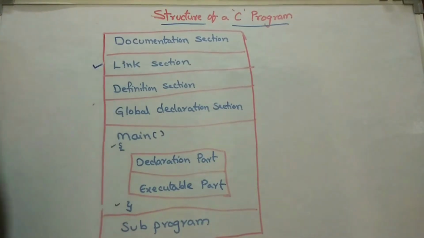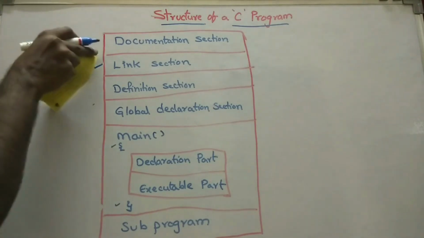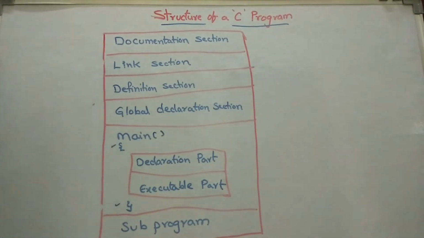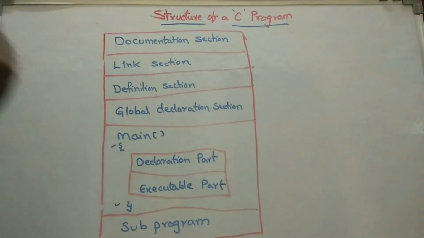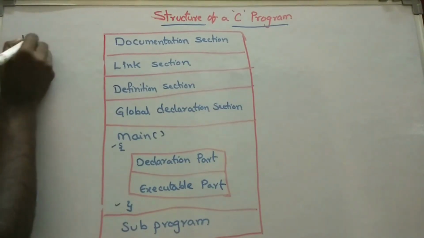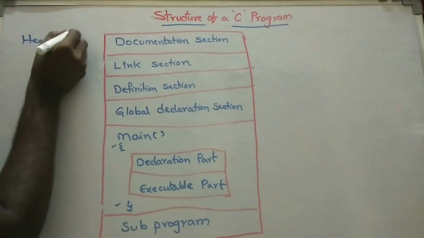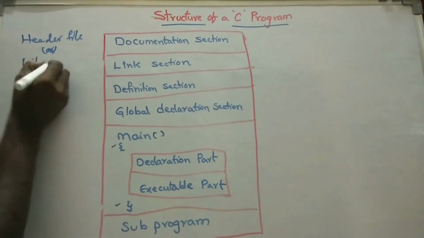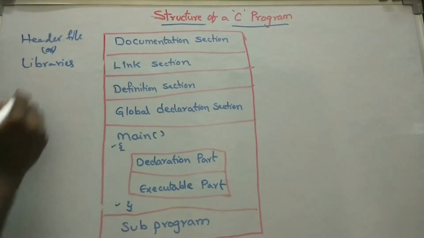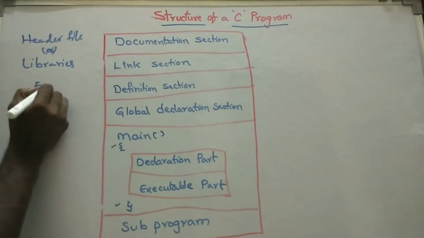And the second section, what is the second section here? Link. What is meant by the link section? By using the link section we have to link, or include, the header files or libraries which are necessary for the execution of your program.